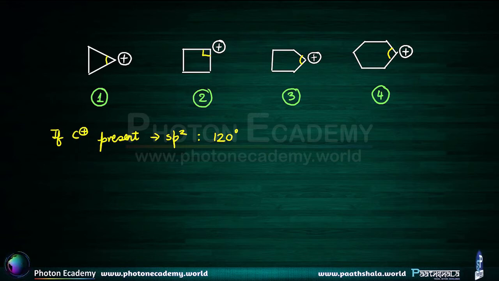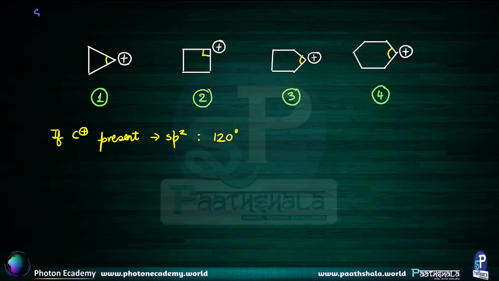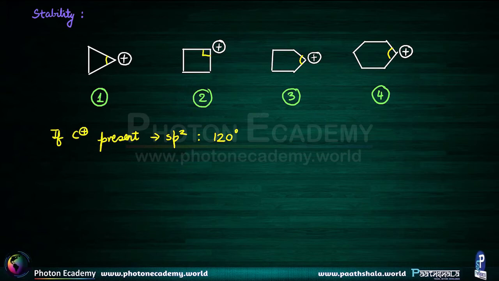These are all cyclo compounds, and we want to find their stability. We are looking at their stability, and we have decided on the bond angles. If the carbocation is present, it should have an angle of 120 degrees.